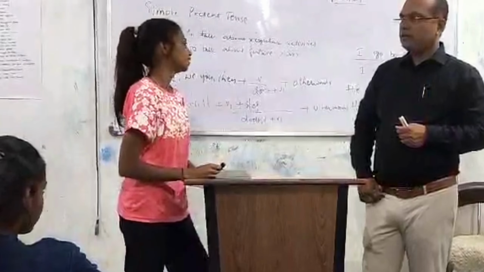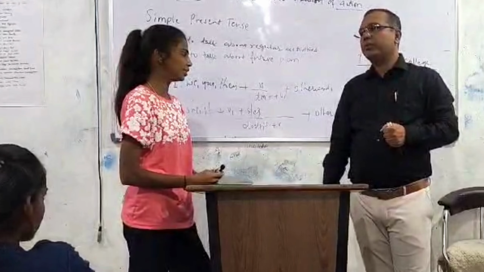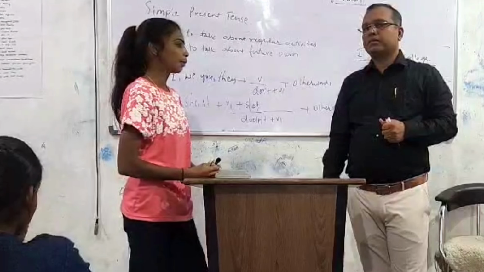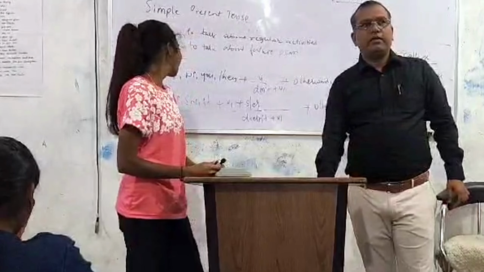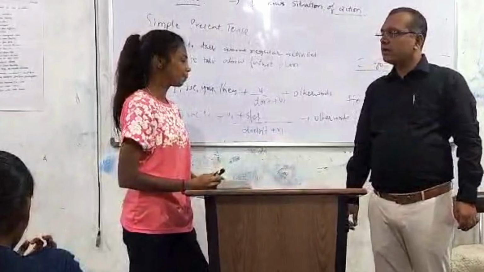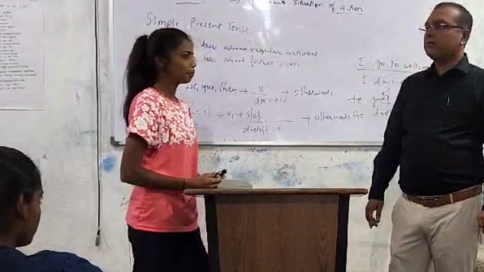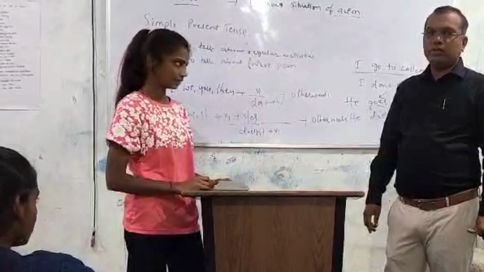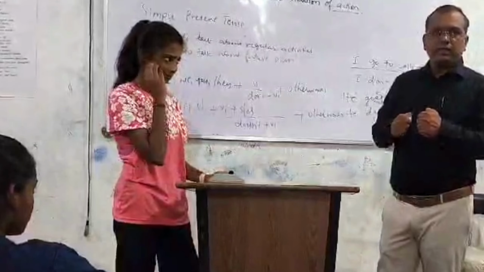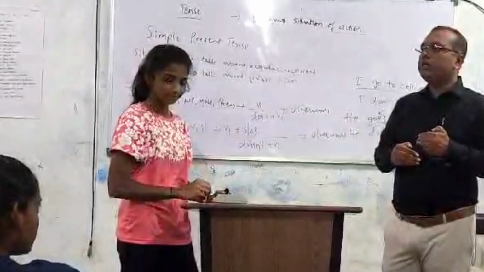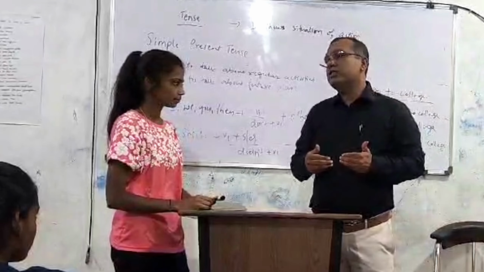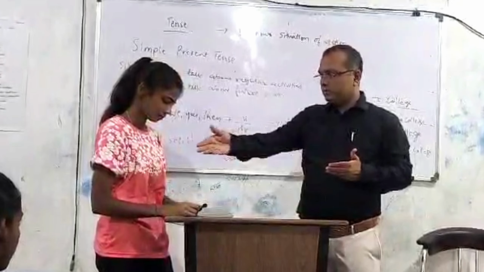She prepares food. She doesn't prepare food. It prepares food. It doesn't prepare food. Okay. Well done. Great. If you practice like this, anybody can use this tense properly. Good. Take your seat.